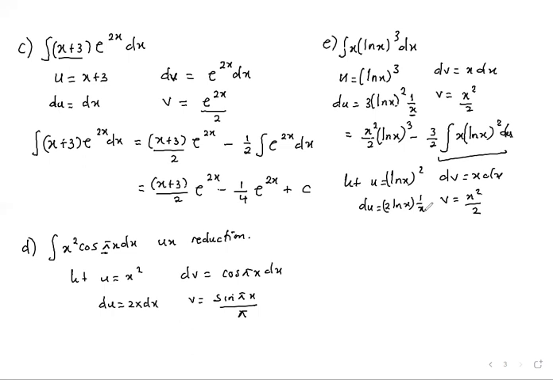So again, just that part to produce x squared over 2 ln x squared minus the 2's will cancel again, and then the x will cancel one of those x. So we'll have x ln x dx. Then again, we do the by parts on this one.